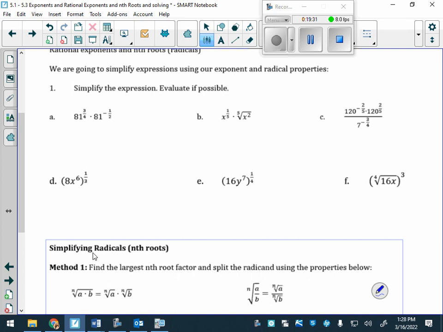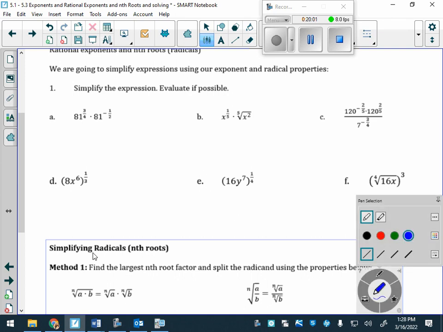Okay. So what you see here is a little bit of a recap, but now we're evaluating. In terms of you have rational exponents, you have some radicals happening here, and we are getting into those radical properties soon. When you see the same base here, and the base has an exponent attached, what do we need to do? Yeah. You add them, but what do we need to do before we add?